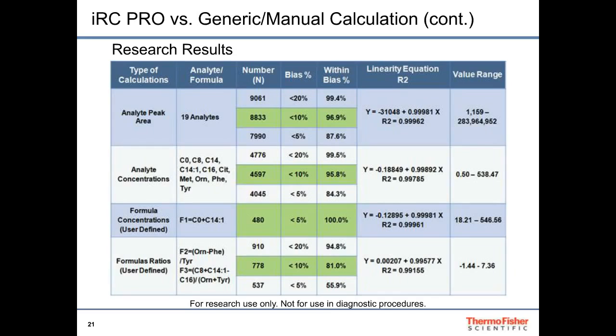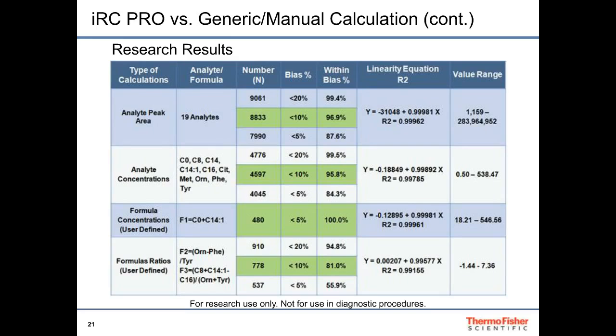Out of 4,800 concentration calculations, almost 85% had a bias of less than 5%. The custom formula that you see here had a bias of less than 5% for all 480 calculations.